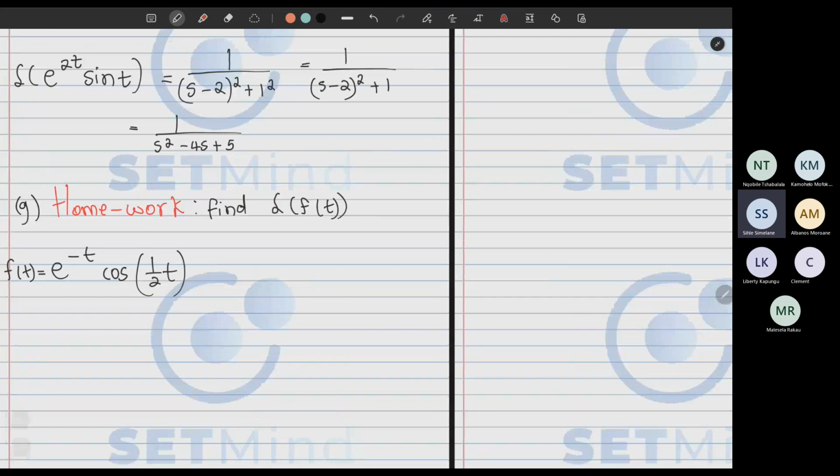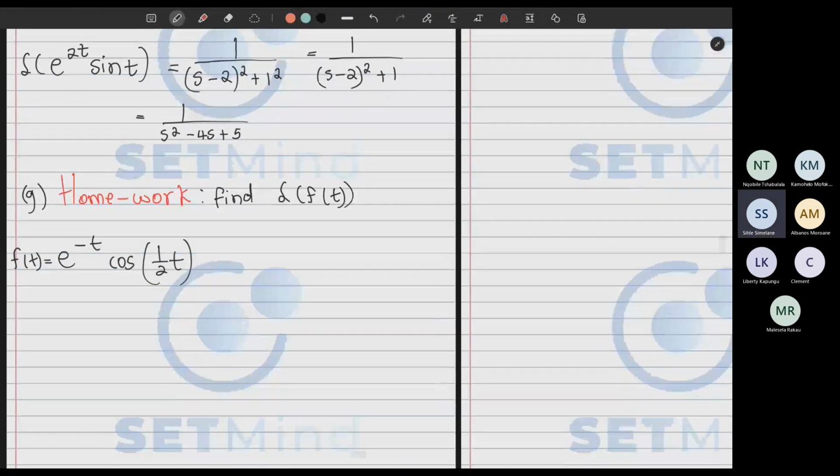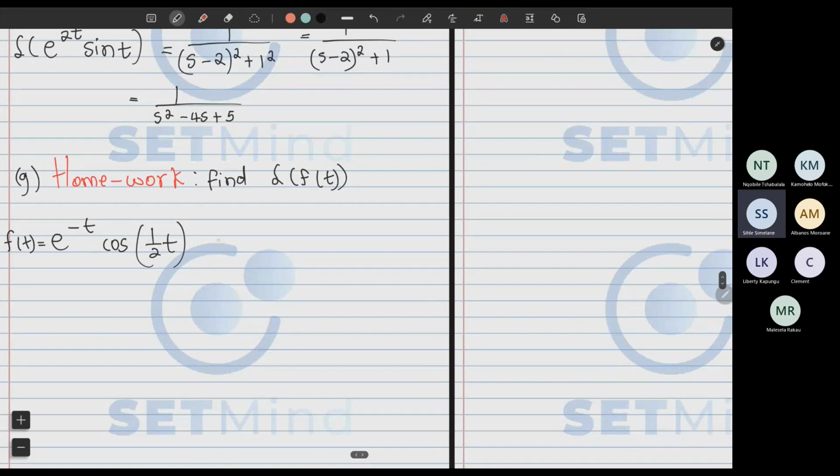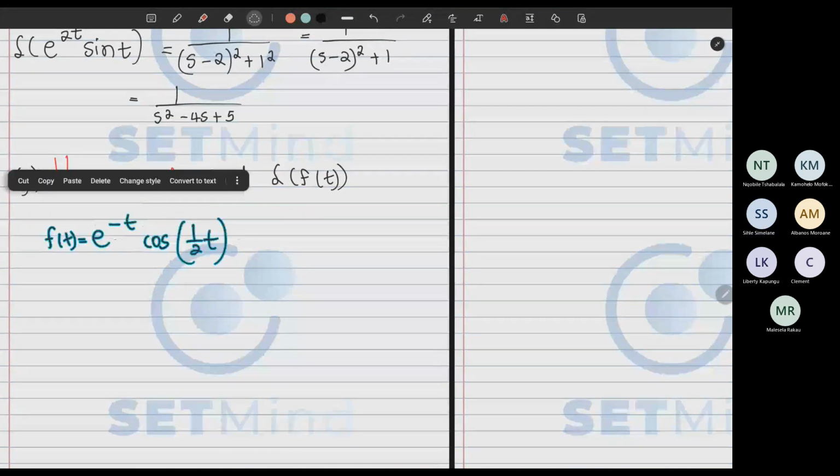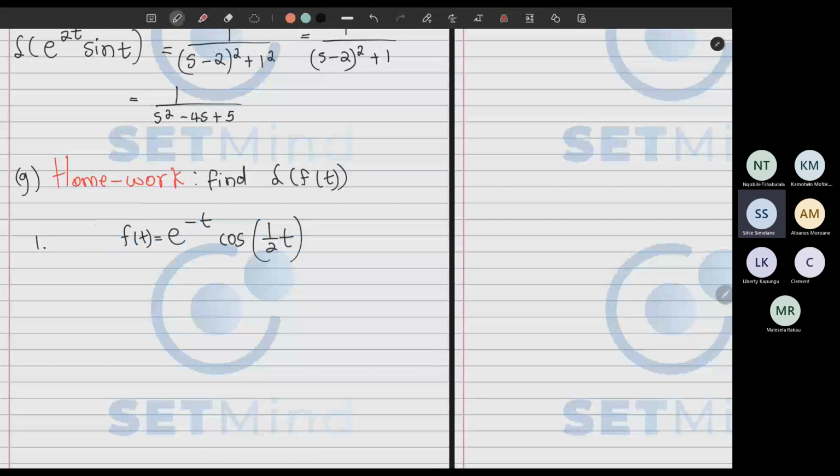There's our f of t, and your homework is for you to find the Laplace transform of f of t. And you also have a homework to find, let's say this is number 1, g. This is number 1. Number 2, you need to find the Laplace transform if f of t is (t plus 1) cubed. Someone else can choose to expand this, and you can easily expand it using Pascal's triangle, or you can do FOIL. Maybe there's no need for you to expand it.